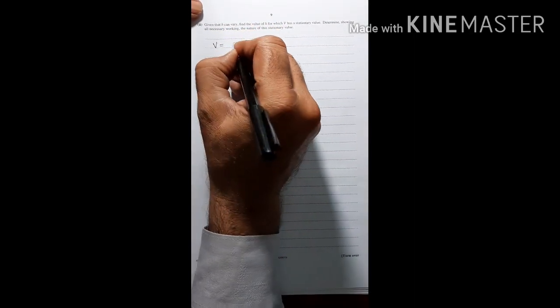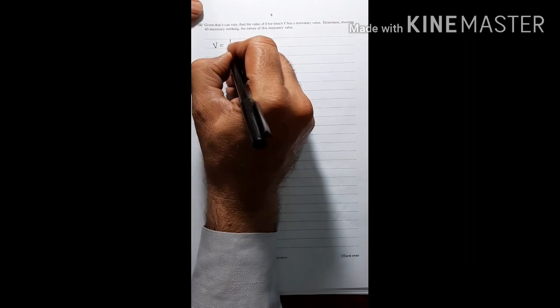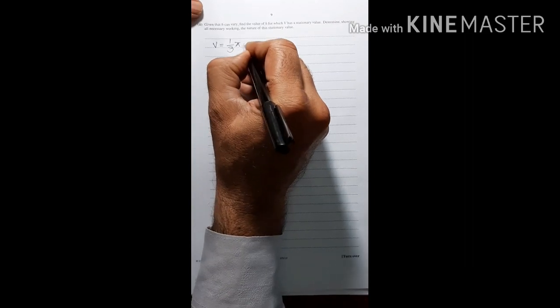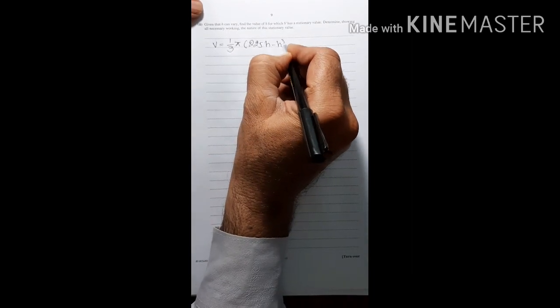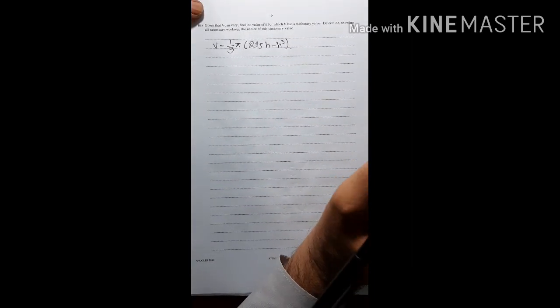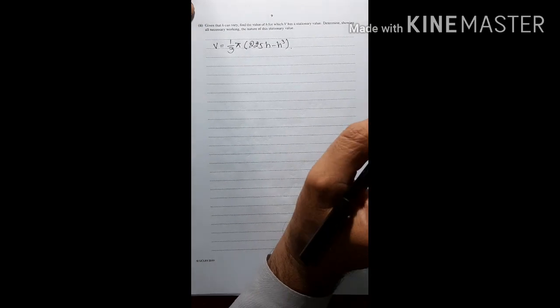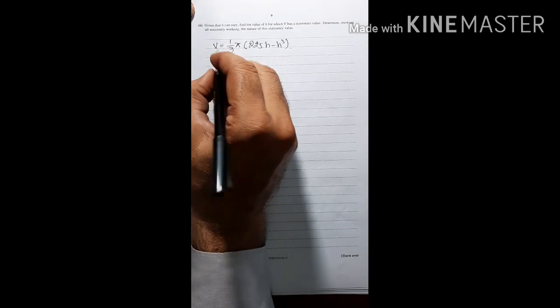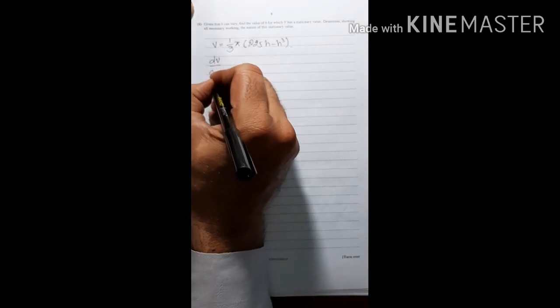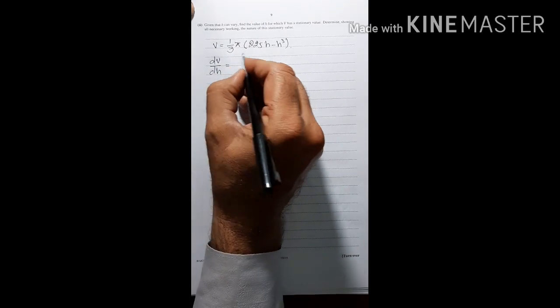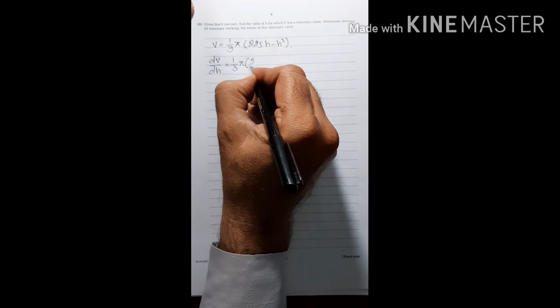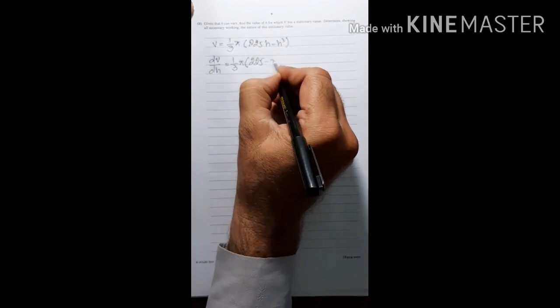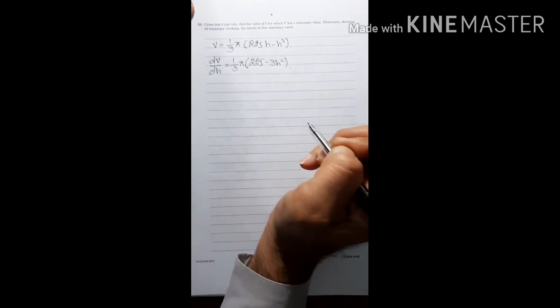So from the previous part, we have V is 1 over 3 pi (225h minus h cube). This is our V from part 1. So we need to find dV by dh. That will be 1 over 3 pi (225 minus 3h square).